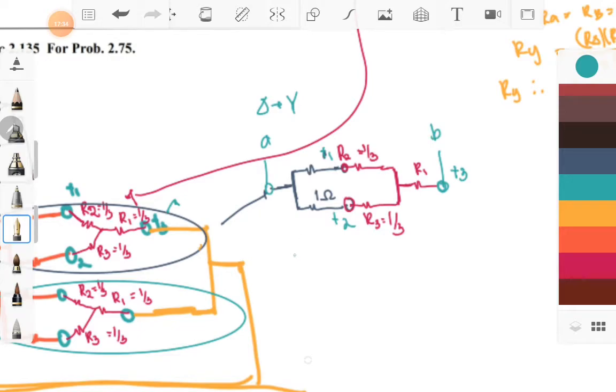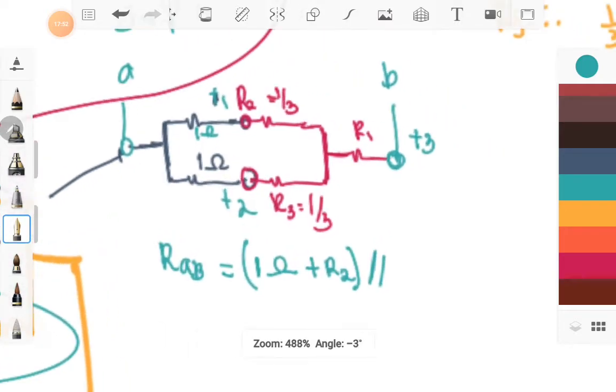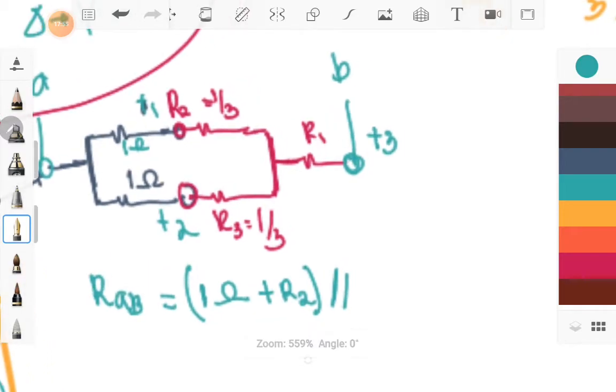Terminal AB. So, RAB is equal to the series combination of this 1 ohm plus our R2, in parallel with 1 ohm plus our R3.